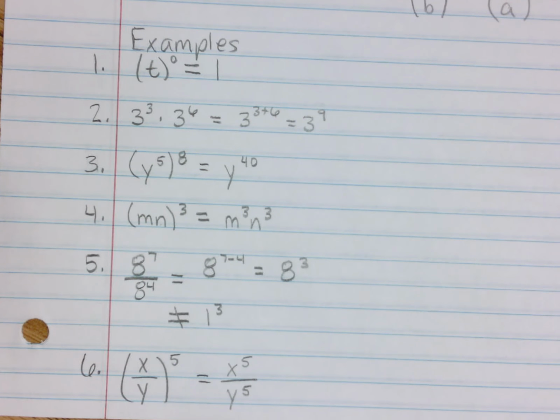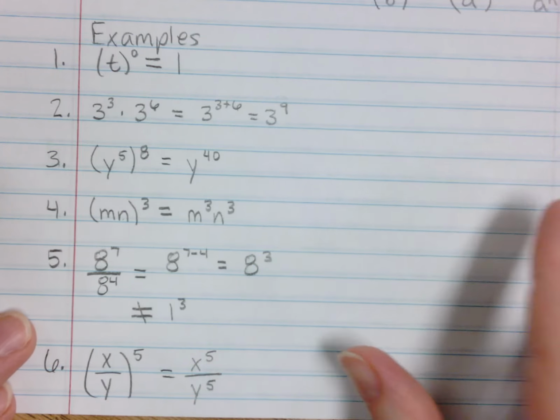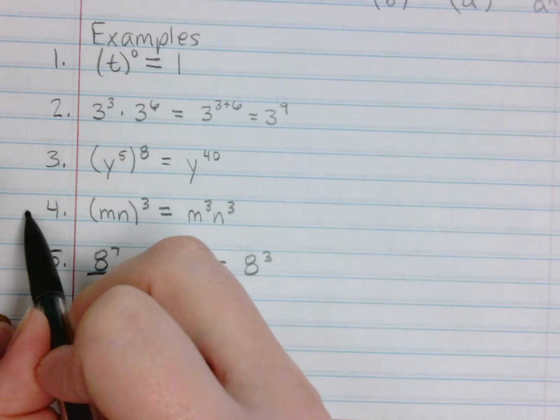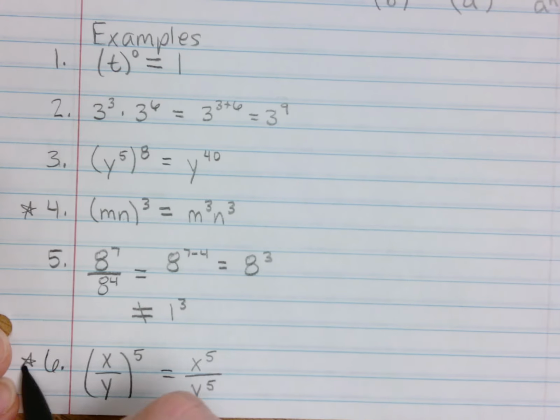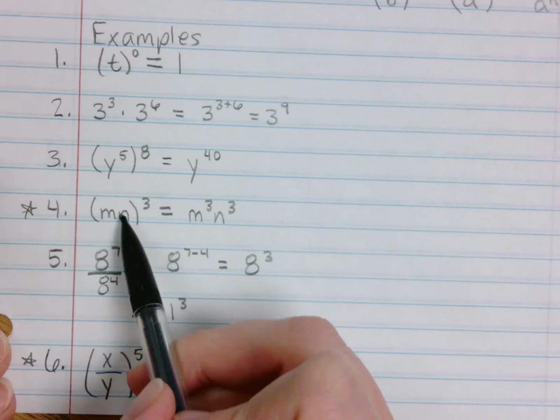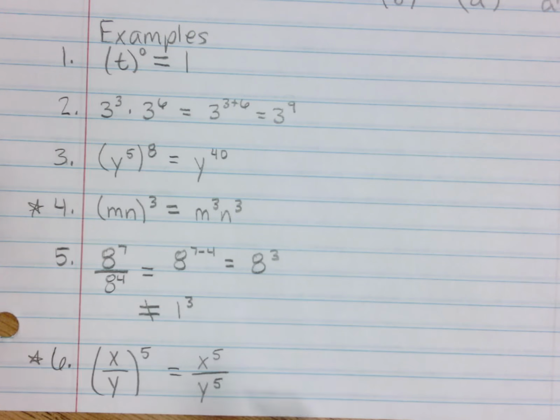Let me go ahead and stop here and note something that is not a property that I often see students try to do. Example 4 and example 6 work because we have a property. If you have multiplication or division, you can apply that exponent to each thing.